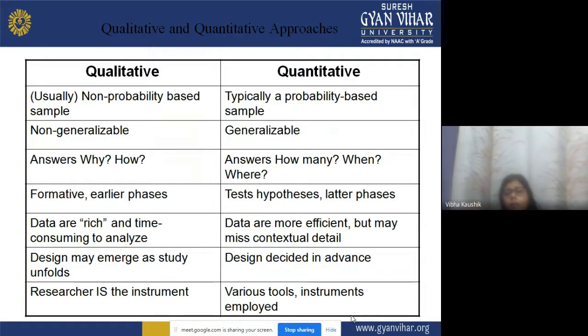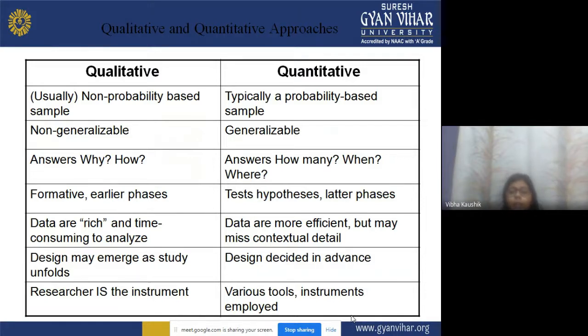Hypothesis can be tested. Later phases; data are more efficient but may miss conceptual details.